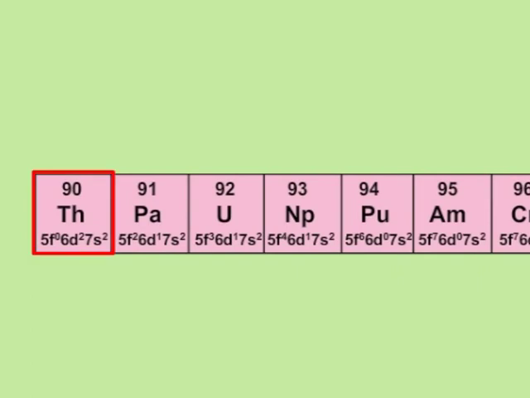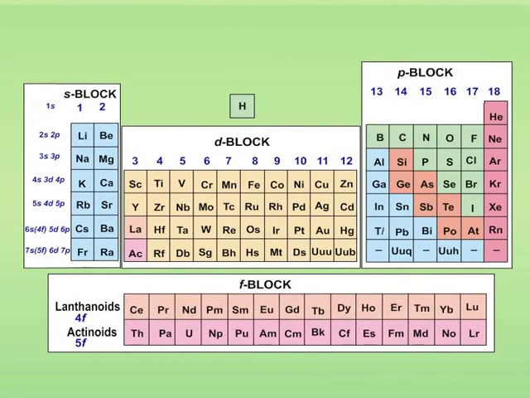Although thorium, that is Z equals 90, does not have any electron in the 5f orbital, yet it is considered to be an f block element, since its properties resemble the f block elements more than the d block elements.